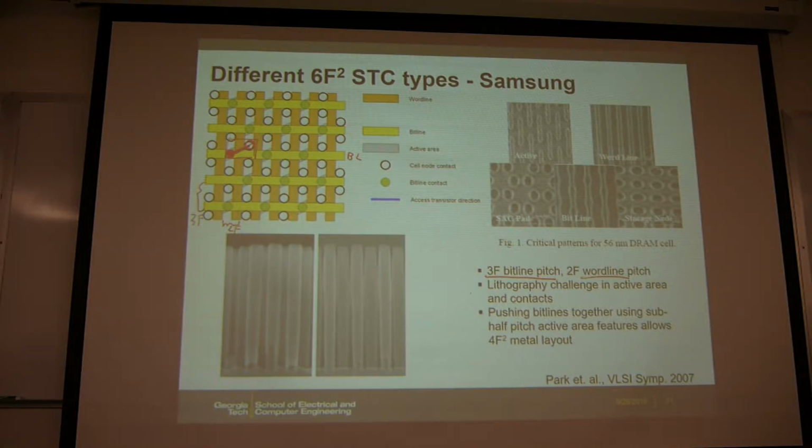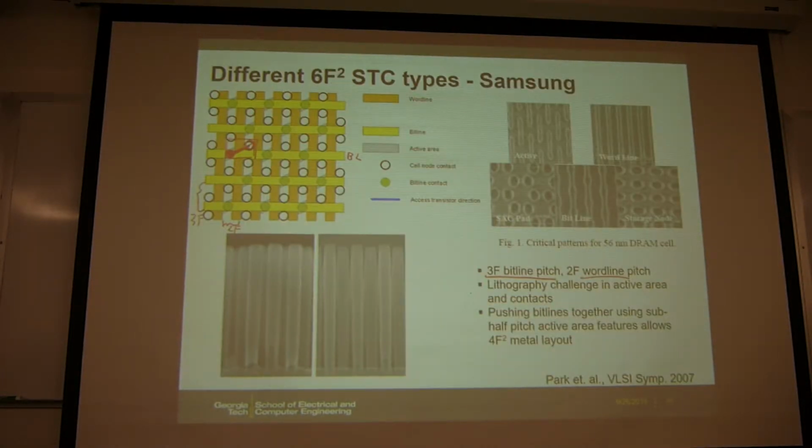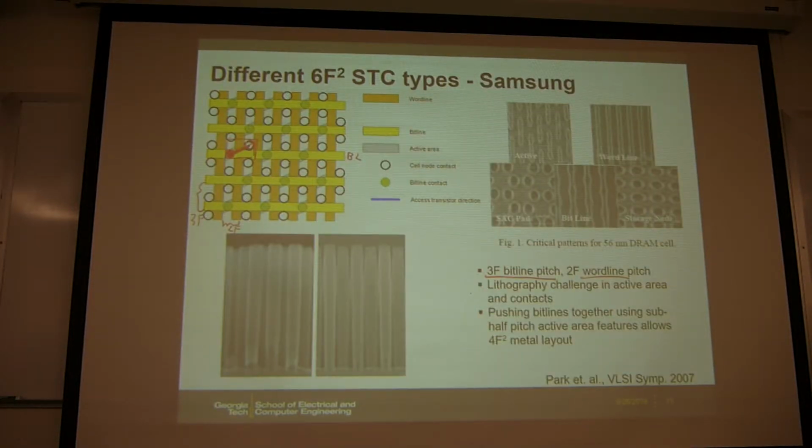This may look different from this design. Let me see. This is the same, okay, but the way we draw it is just rotated by 90 degrees. So this one has the BL 3F pitch, WL 2F pitch, and this is one cell.